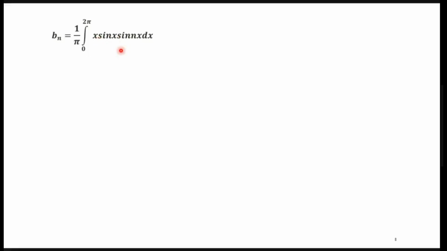Again, we are having 3 functions. Okay, so try to simplify these 2 trigonometric functions, sin A, sin B. So what is 2 sin A sin B? What is the formula for 2 sin A sin B?